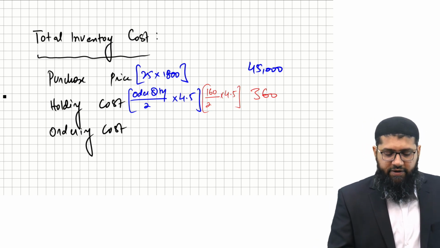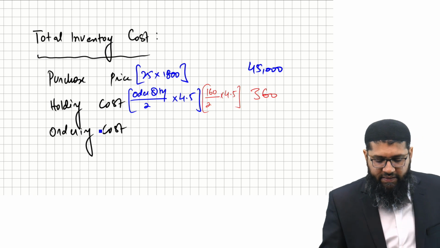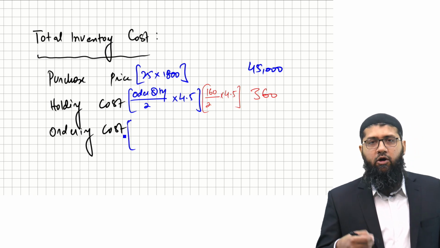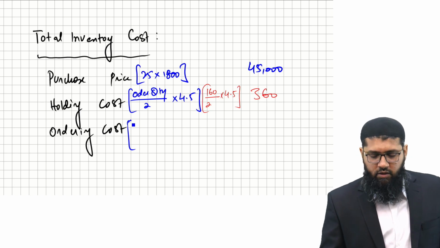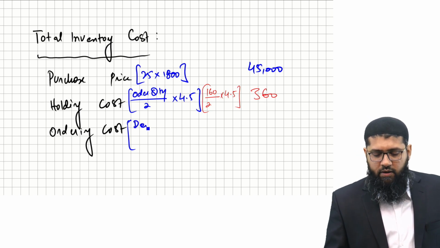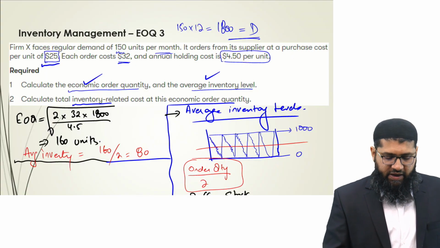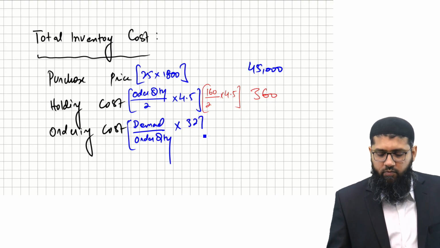And lastly, the last one is going to be the ordering cost. The ordering cost is the annual demand divided by order quantity, multiplied by the cost of placing each order, which is 32.